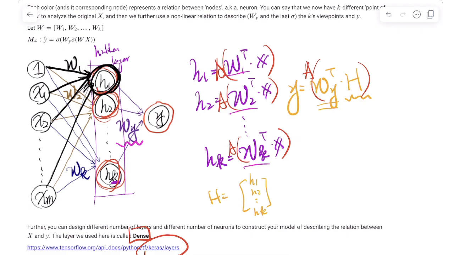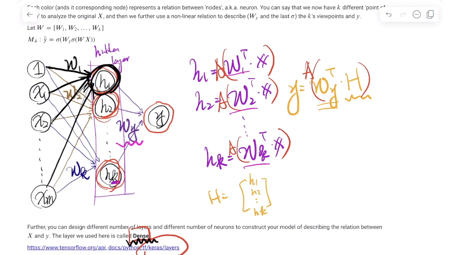Basically all of the neurons pass the data through all the links to the H1 neuron. And all the other hidden neurons, from H1 to HK, do the same thing, although they have different weights. Such a structure we call dense.